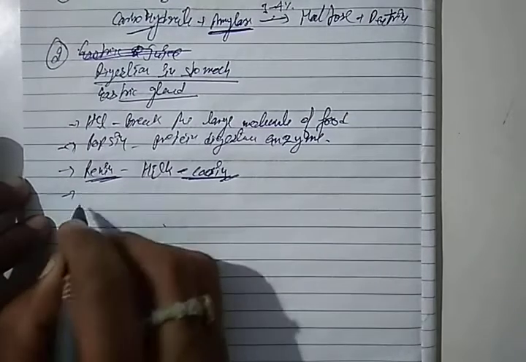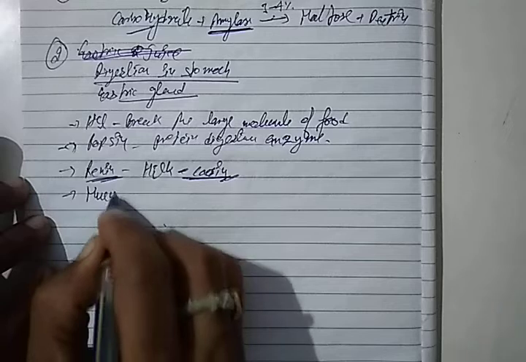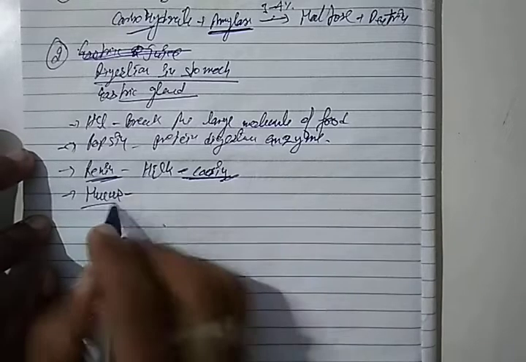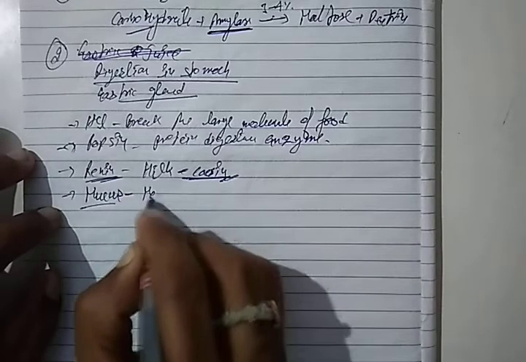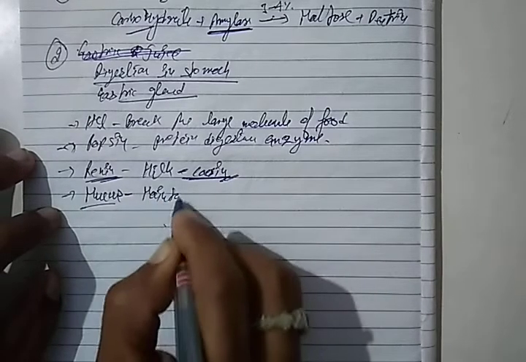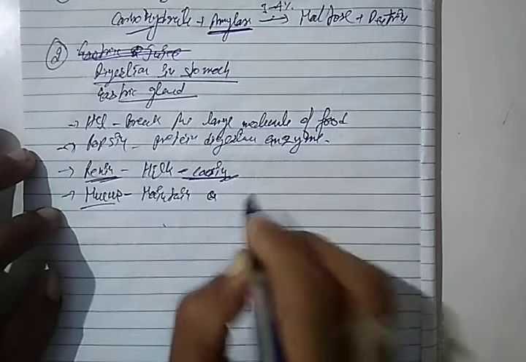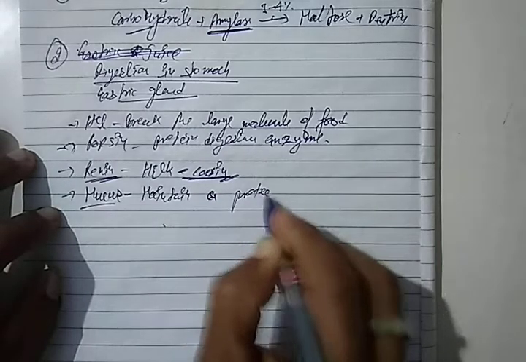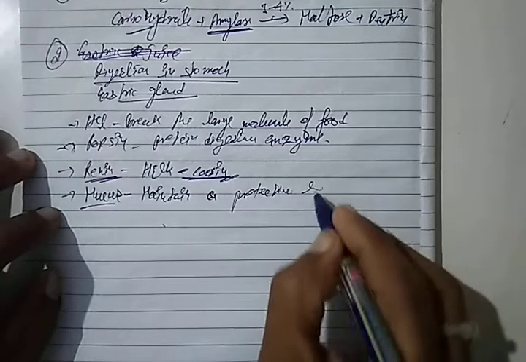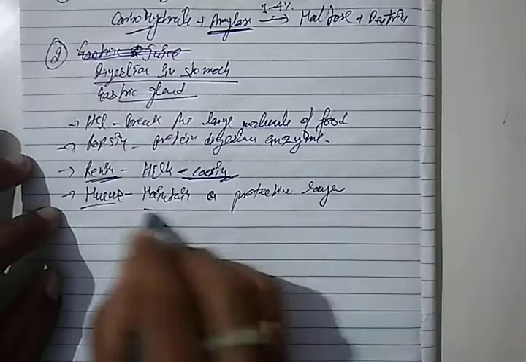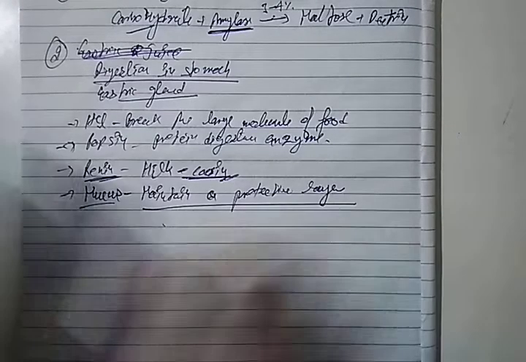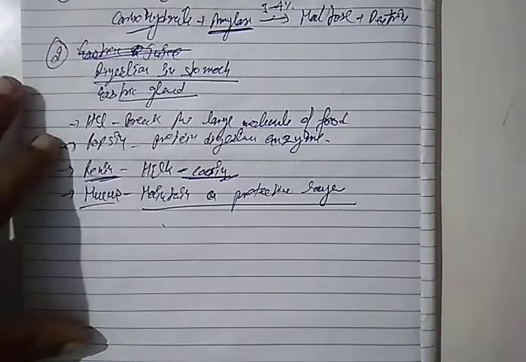Last, mucus. Mucus maintains a protective layer on the lining of stomach, which protects it from HCl.